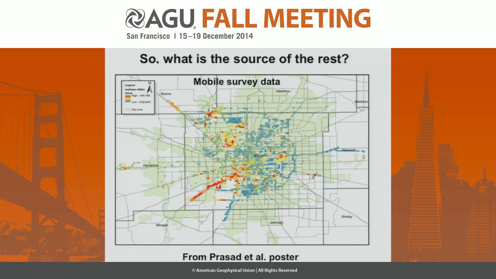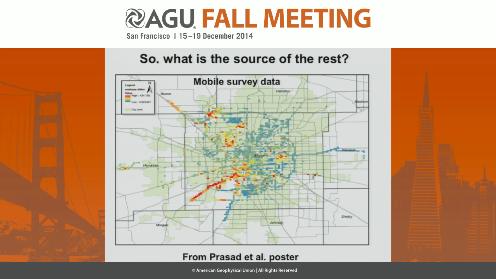Well, to make a long story short, with funding from NIST and also EDF, we and others, so this is from Kuldeep Prasad's poster, collaborating with Brian Lamb and others, we did many thousands of miles of drive-arounds characterizing plumes.